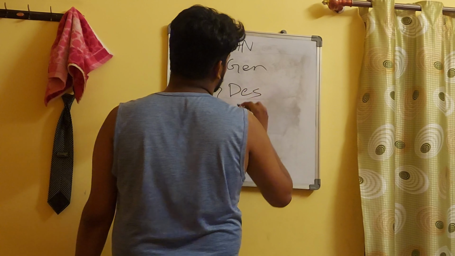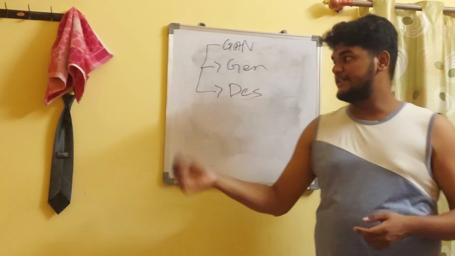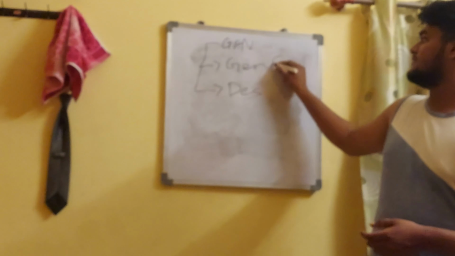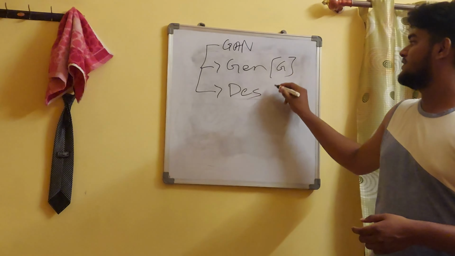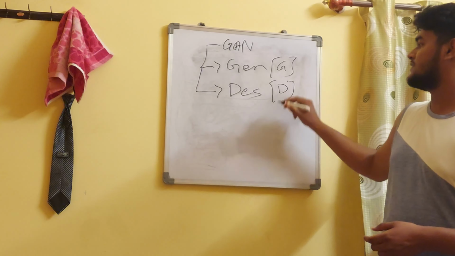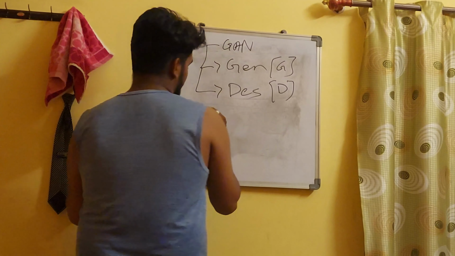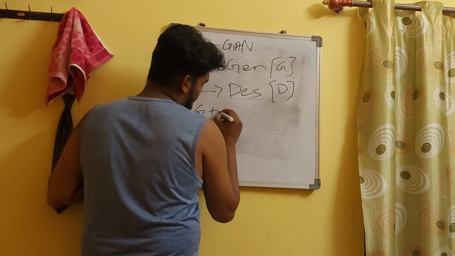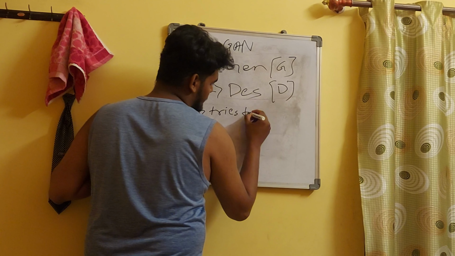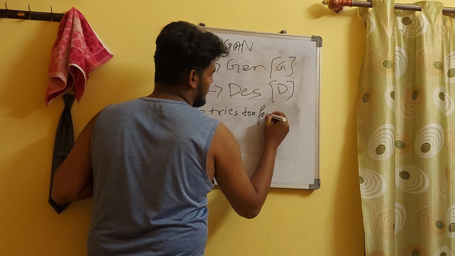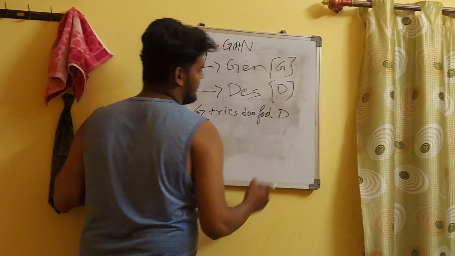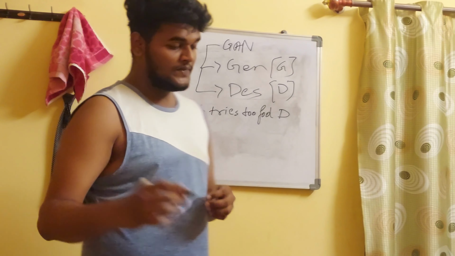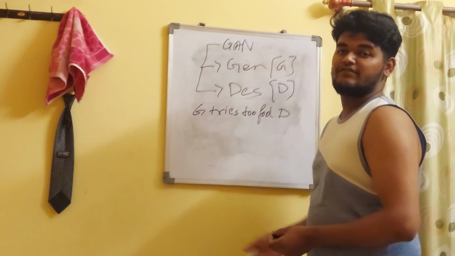The goal is that G tries to fool D. G is the generator, of course, so G tries to fool D. And here again, D tries to detect fakes.